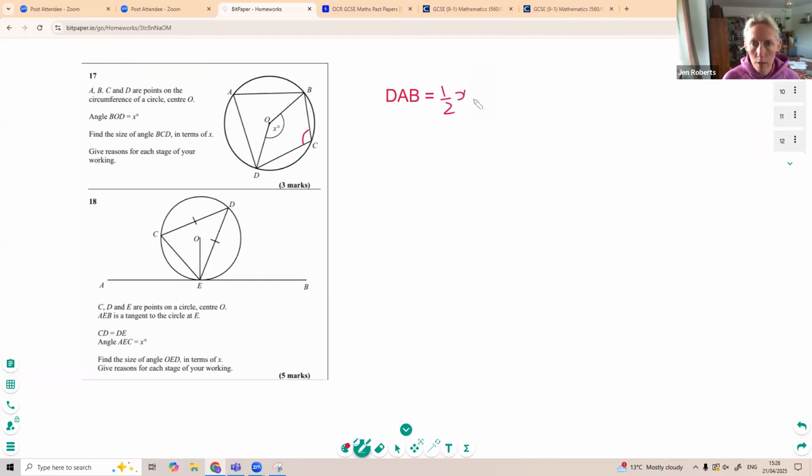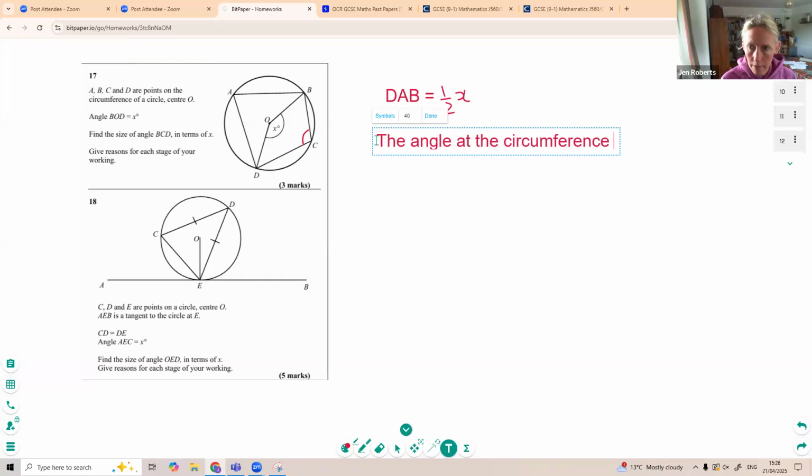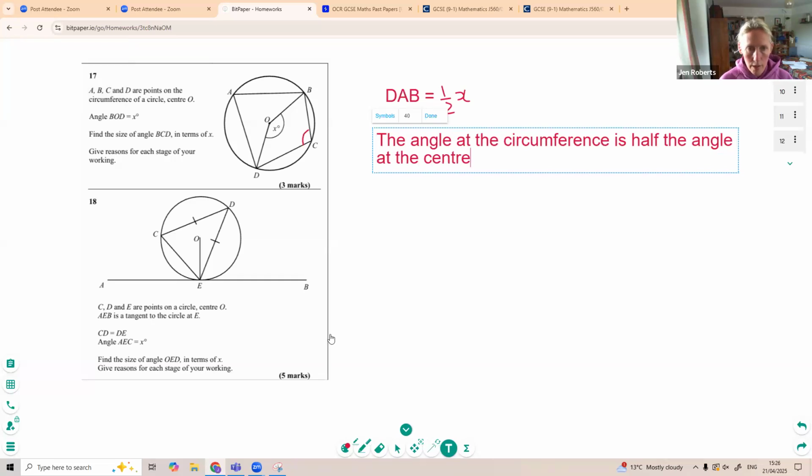And why is that? What is our reason? The angle at the circumference is half the angle at the centre. So I can call this half x.